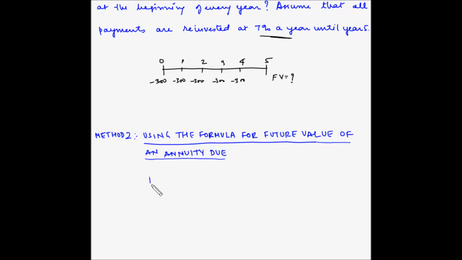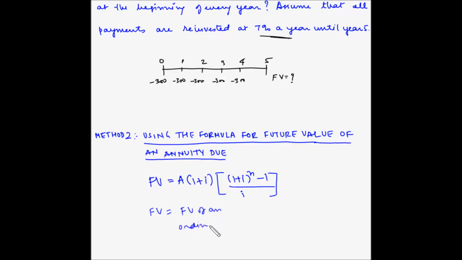So the formula is future value is equal to A into (1 plus I) into bracket (1 plus I) to the power n minus 1, divided by I. Now this formula can also be written as future value is equal to future value of an ordinary annuity multiplied by (1 plus I). So let us now plug in the values in this formula.